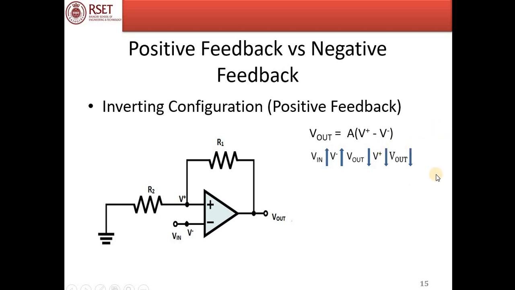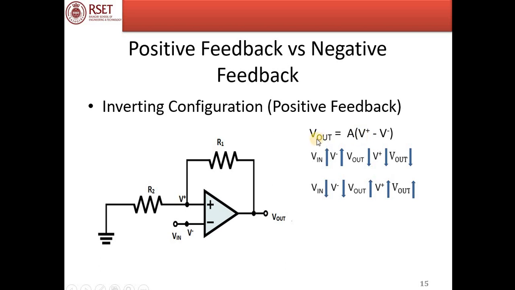Let us say the case where V input decreases. Here V input decreases, so V minus decreases. When V minus decreases, from the equation for V output we can see that V output increases. V output is being fed back to V plus. So when V output increases, V plus also increases.